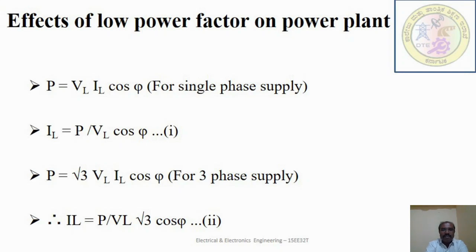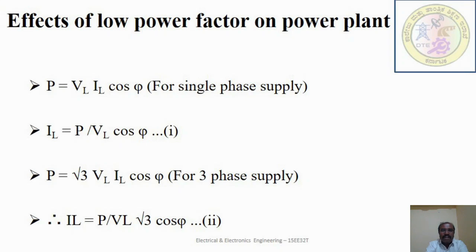It is clear from the above that for a fixed power and voltage, the load current is inversely proportional to the power factor. You can observe, the lower the power factor, the higher the load current. It is very simple: if the power factor is high, the load current will be low.